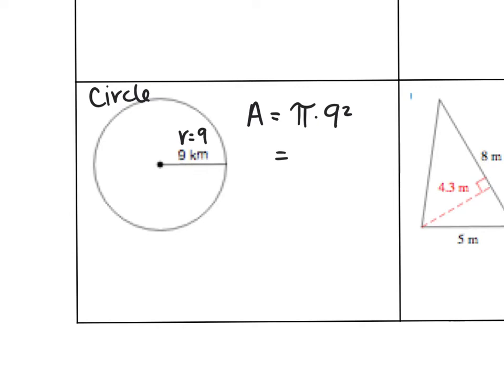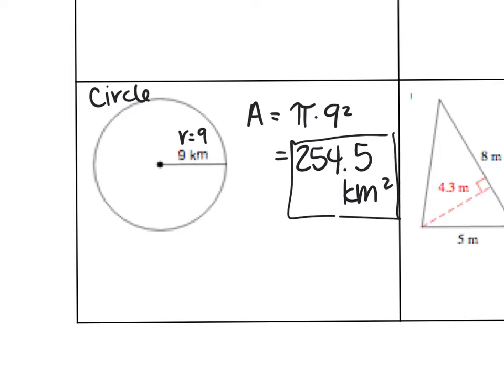All right, what did we get? 254.5. Okay. And that one's kilometers squared, which is a really large circle, but okay.